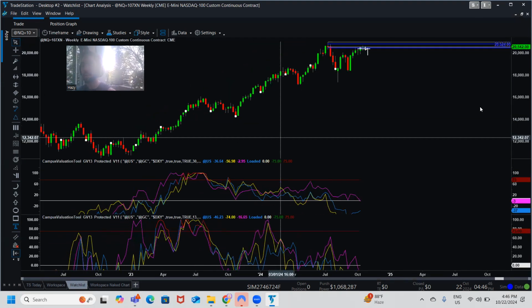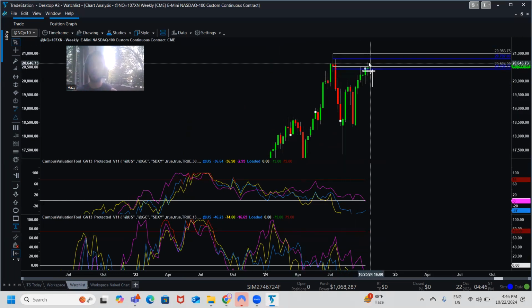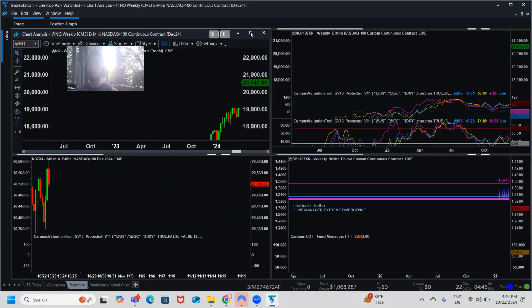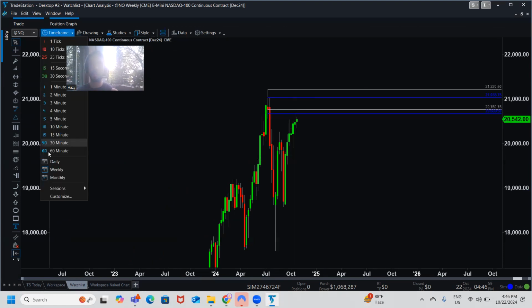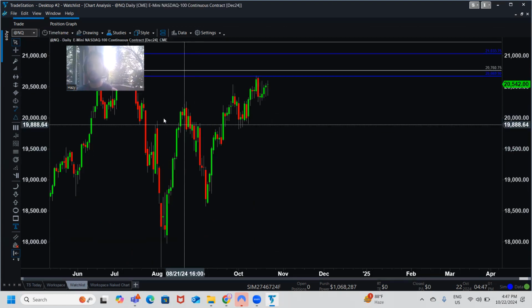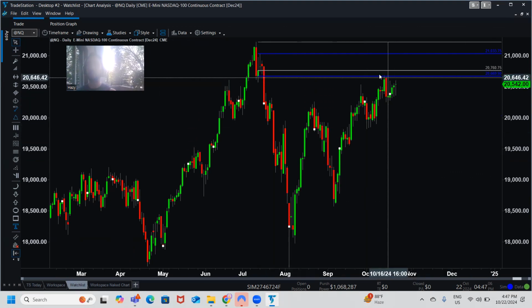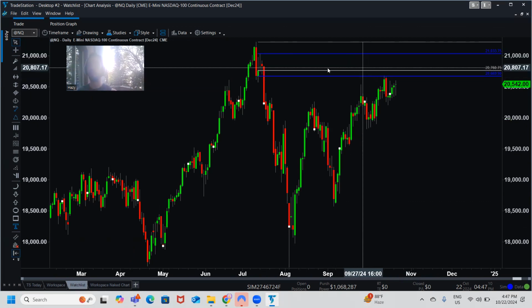Look, it already went inside that zone. But on the adjusted chart, it still hasn't reached that zone. And if we look at the daily, it actually reached the daily, but it didn't reach the preferred version.